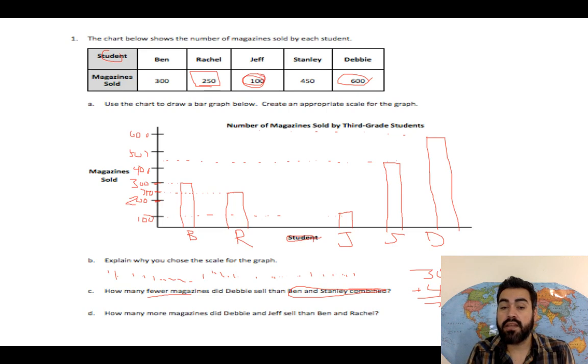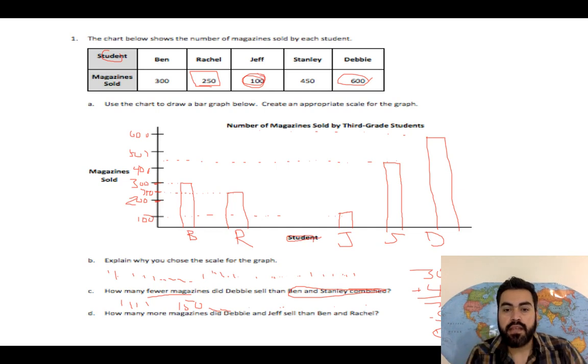Take away Debbie's, which is 600. And we know we're left with 150. So in a complete sentence, I would write, Debbie sold 150 fewer magazines than Ben and Stanley, because that would be a complete sentence.